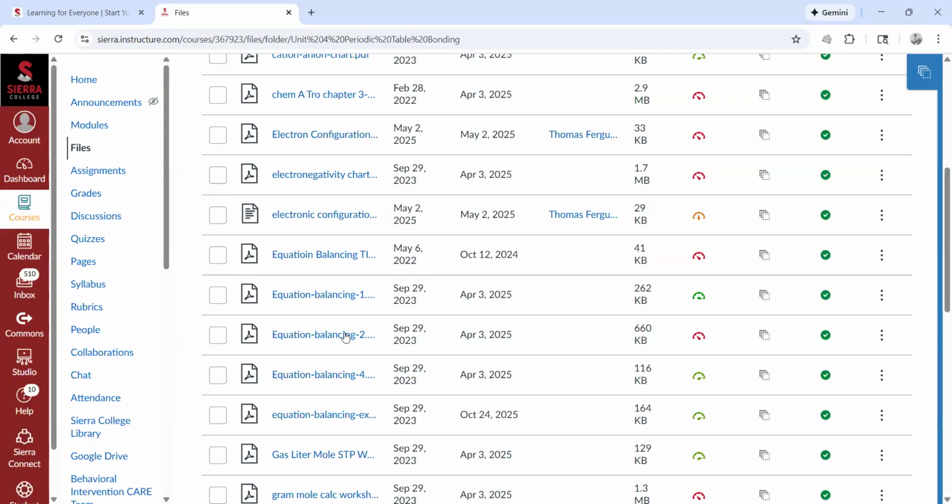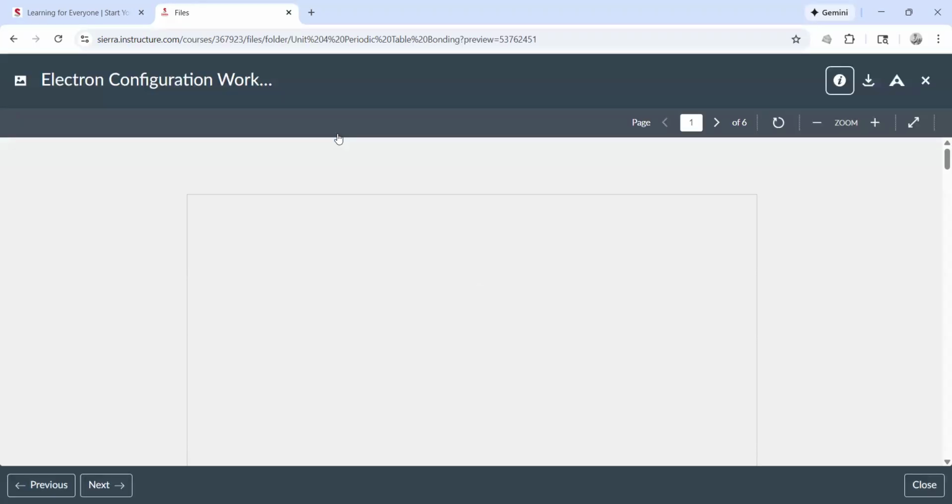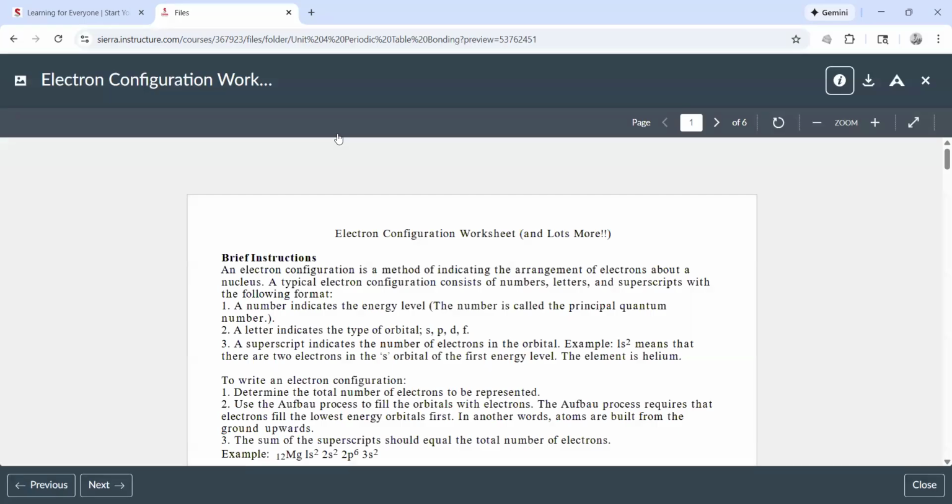Okay, so we've got electronic configuration here. That's one, kind of explains it.